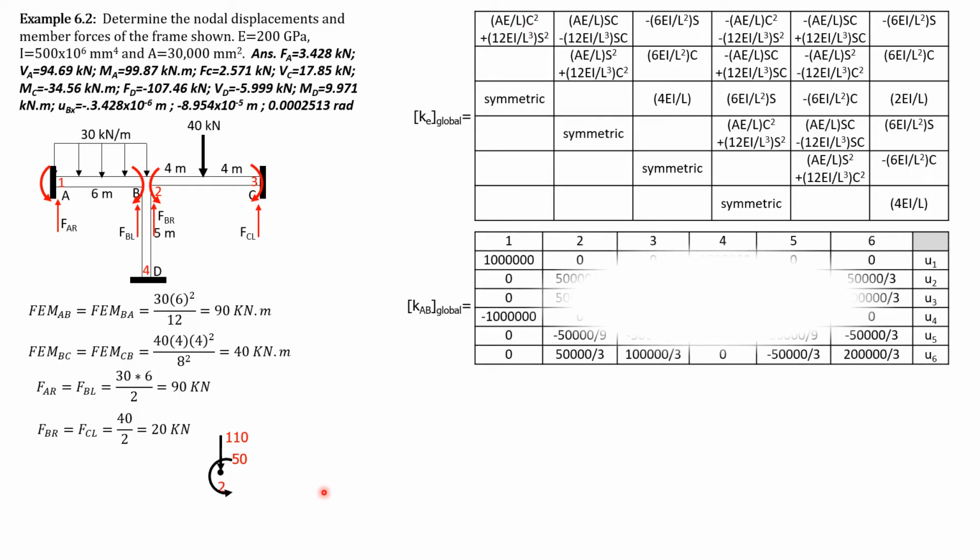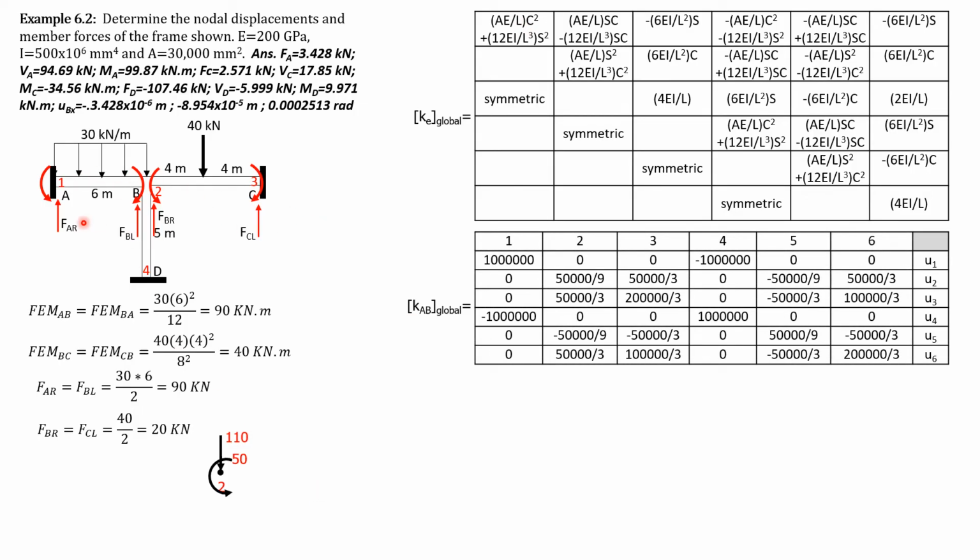Cosine of AB is 1, while its sine is 0. For member BC, its cosine is 1 also, sine is 0. For member BD, its cosine is 0, but its sine is going down, so negative 1. So substitute here. If you input these properties into these values here, so these are the values.